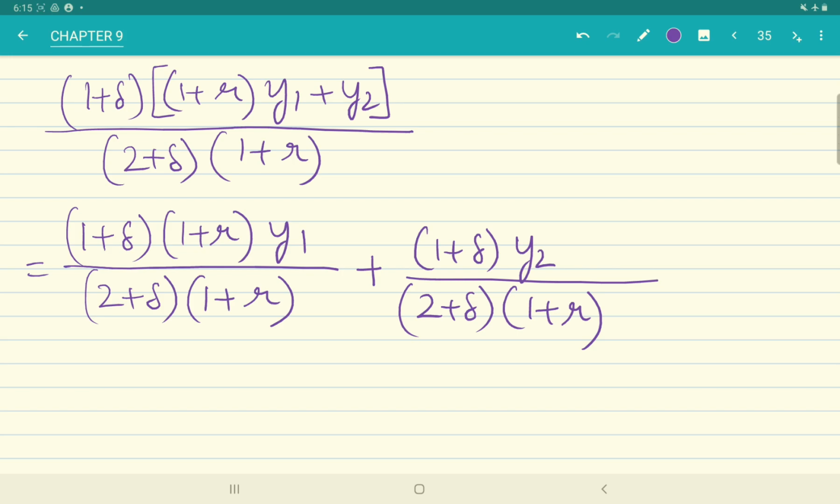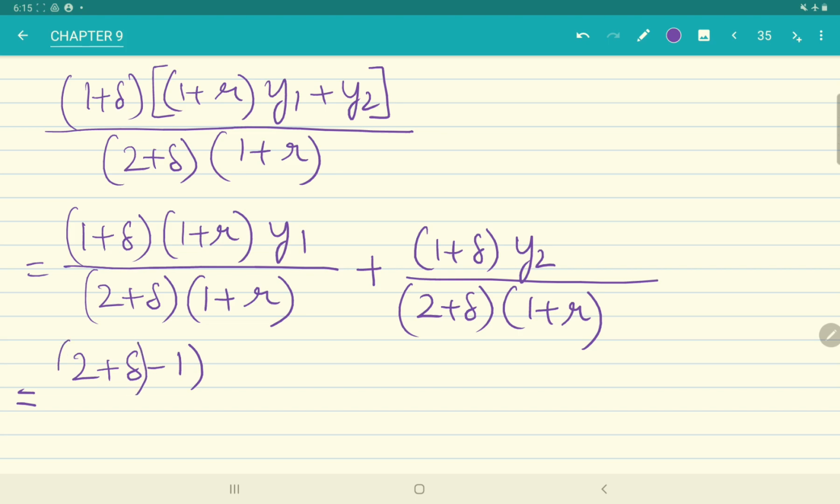In this case, where it is written y1, instead of 1 plus delta, I can actually write 2 plus delta minus 1.